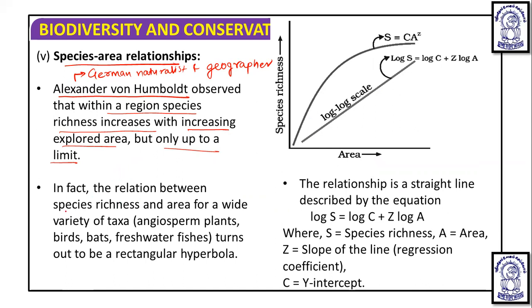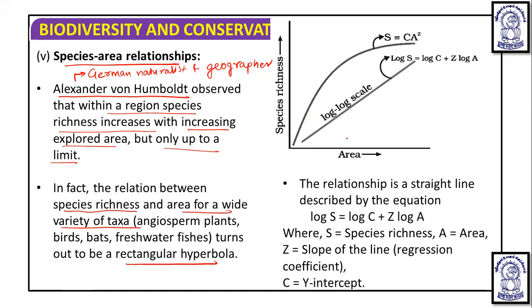Now, in fact, the relation between species richness and area for a wide variety of taxa, that is angiosperm plants, birds, bats, fish, turns out to be a rectangular hyperbola. You can see it here.